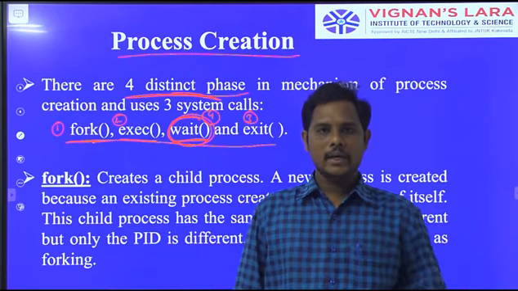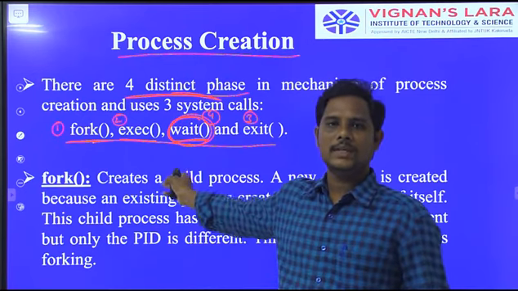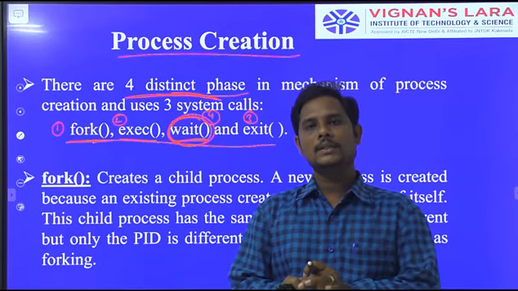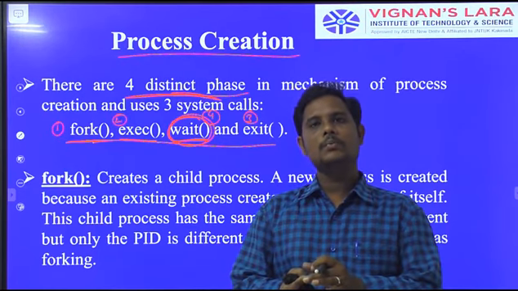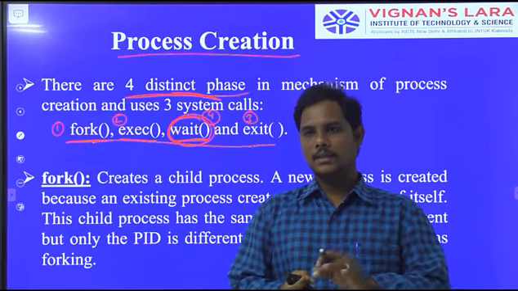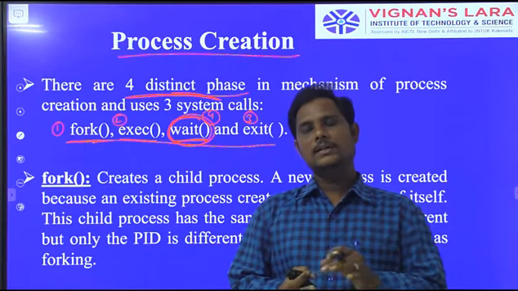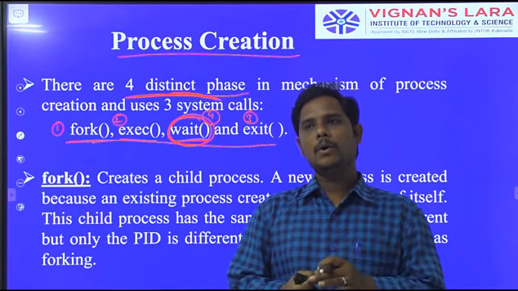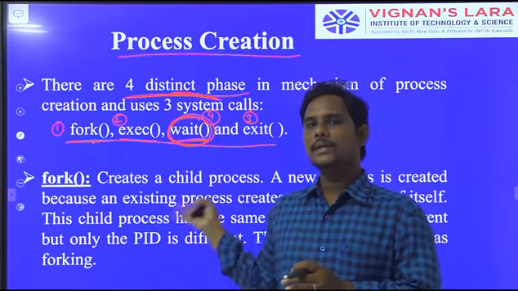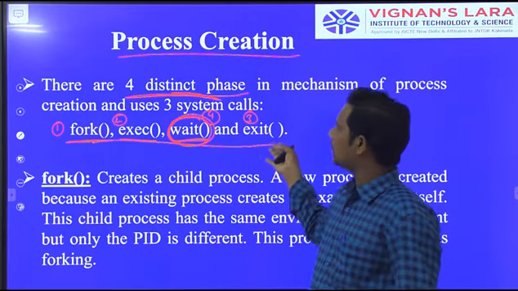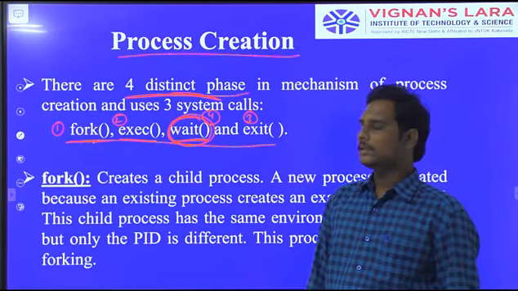What are they? The fork system call creates a new process, the EXE system call handles execution, and the exit status comes automatically when execution completes. If any problem happens, it will be in the waiting state. These 4 phases are used in process creation.